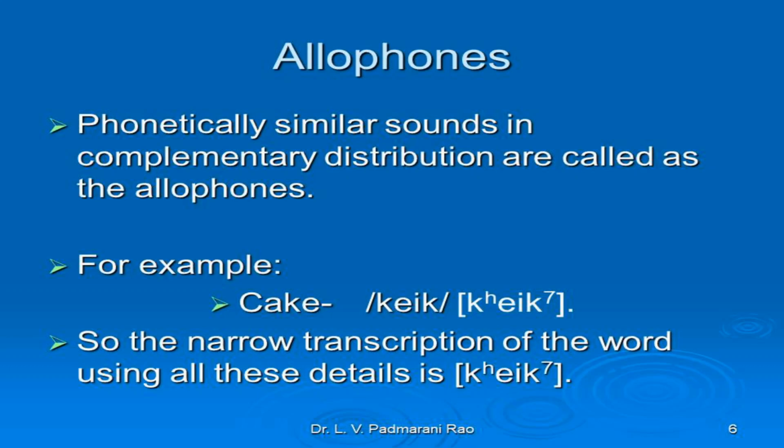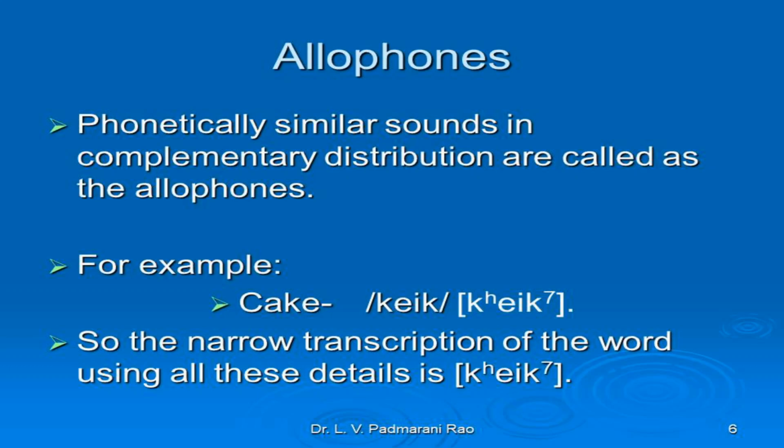So, the narrow transcription, representing this small variation, is included in square brackets. K, and you have a superscript of h sound. Do you realize? Thereby telling you to pronounce it as k.